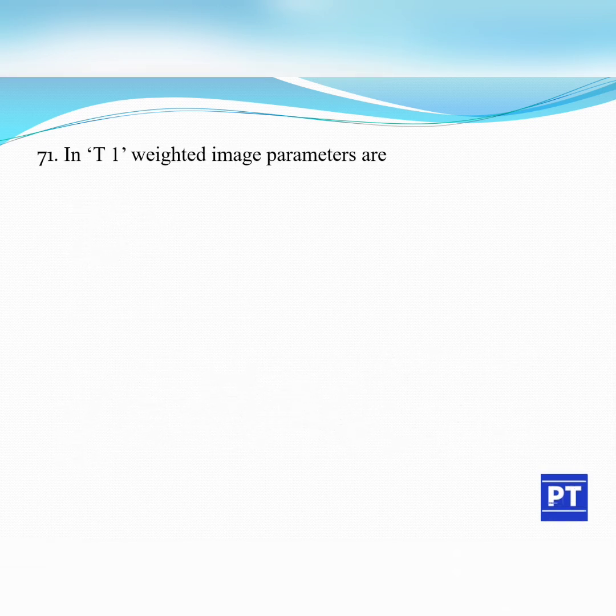Question number 71. In T1 weighted image, parameters are option A, short TR and short TE. TR means repetition time and TE is the time to echo or echo time.